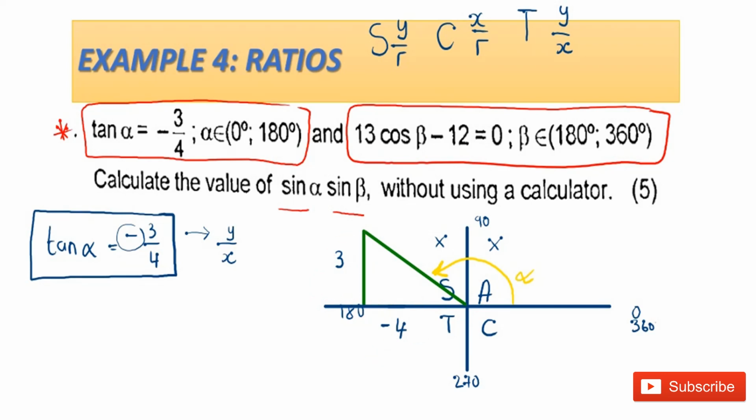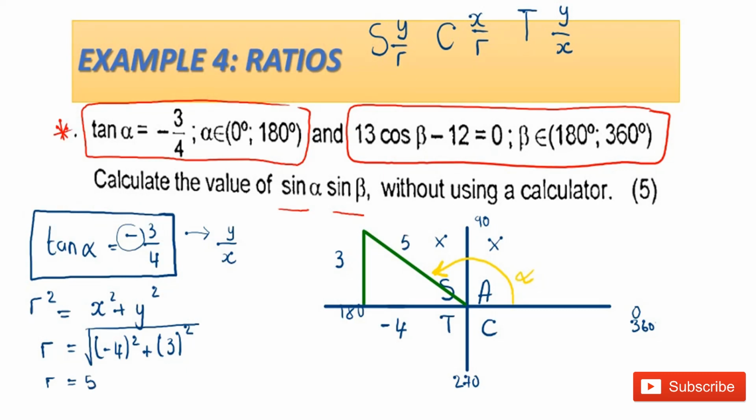Okay, so we need to basically use the theorem of Pythagoras to find your value r. So your value r squared is equal to x squared plus y squared, right? What is your x squared? Your x squared is negative 4 all squared. Plus, what is your y squared? Y squared is 3 all squared, right? Therefore, your r is equal to the square root of negative 4 all squared plus 3 all squared. So it's 5. Okay, we put that on our diagram.